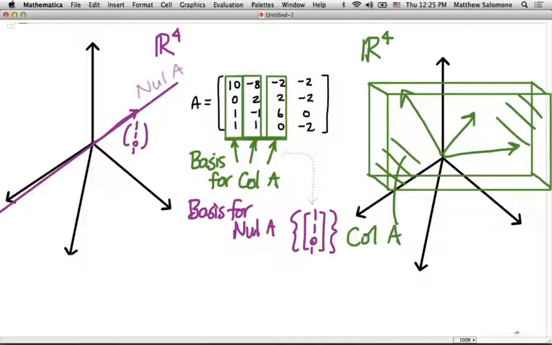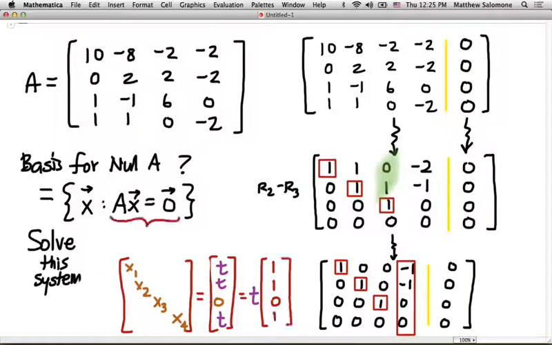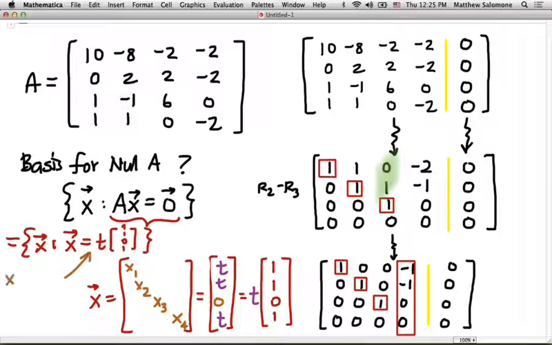It's got a lot to do with the free variables. What exactly does it have to do with the free variables? Where did this 1, 1, 0, 1 come from? If we rewind the tape a little bit, back to where we solved this system, there was one vector in our basis because when we solved the homogeneous equation, AX equals 0, we got a parametric vector solution that had how many parameters in it?